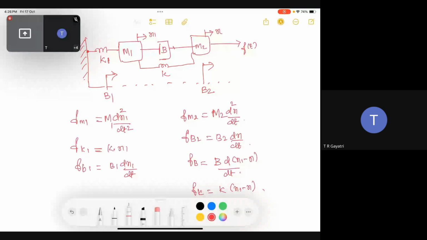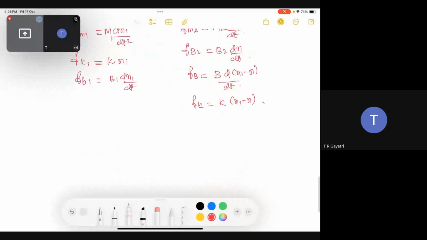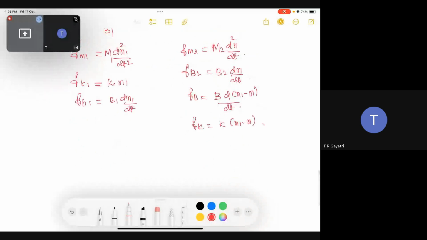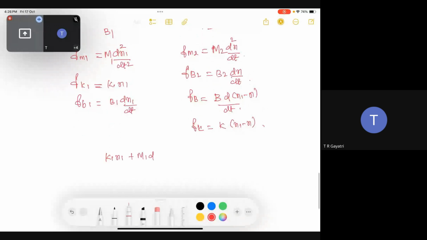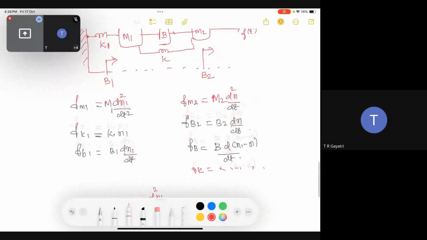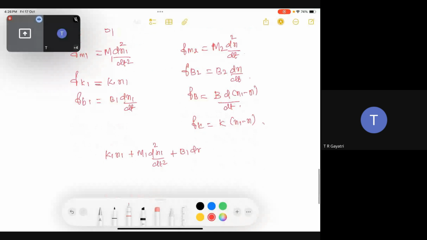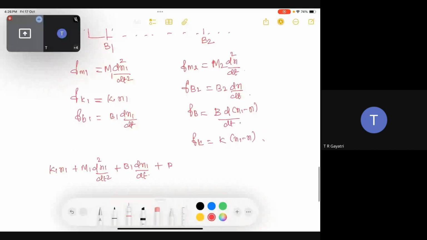Starting from K as in the diagram, it will be K1 x1 plus M1 d squared x1 by dt squared, and B1 is also there, so B1 dx1 by dt, plus B into d by dt of (x1 minus x), plus K (x1 minus x), plus K2.